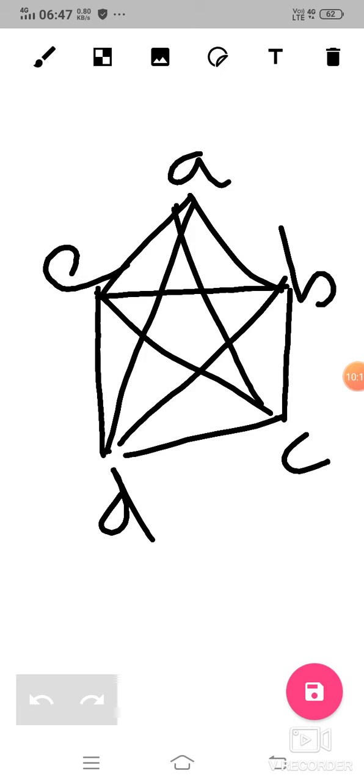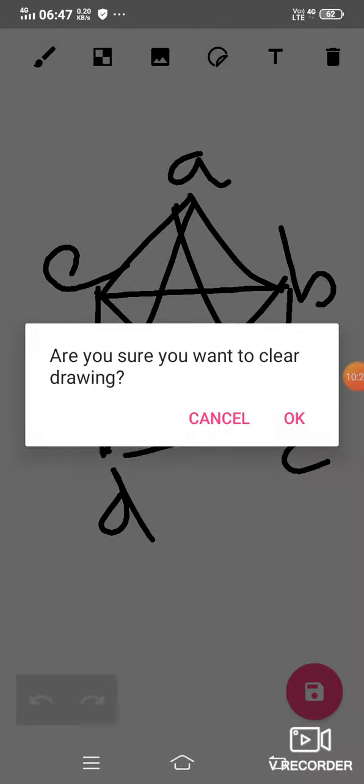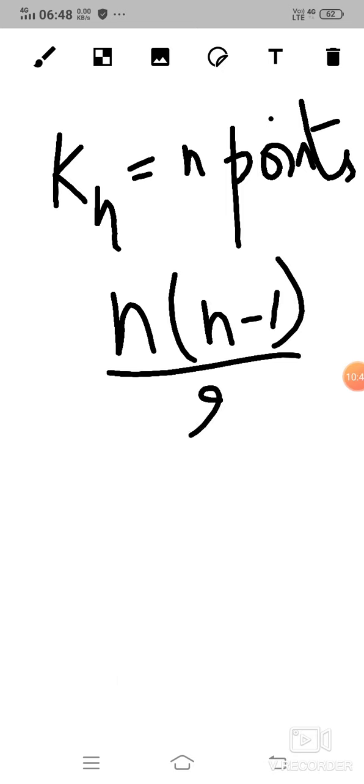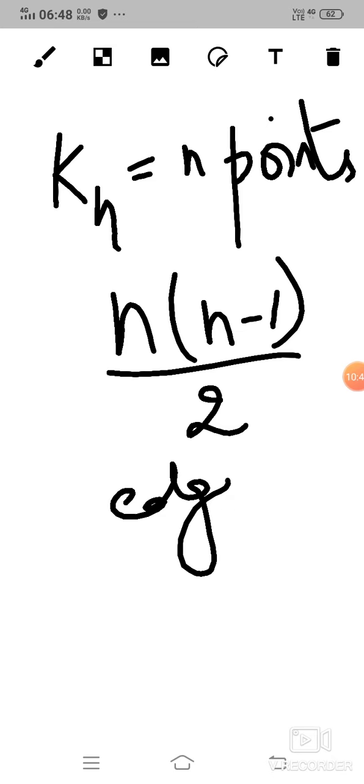In general, what you can conclude is that a complete graph with n points will have n vertices and n into n minus 1 by 2 edges. So, is it clear? A complete graph will have n points and n(n-1)/2 edges.